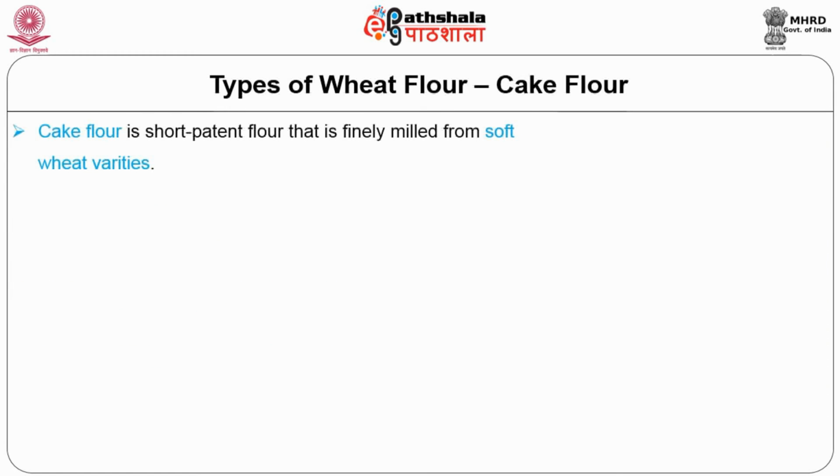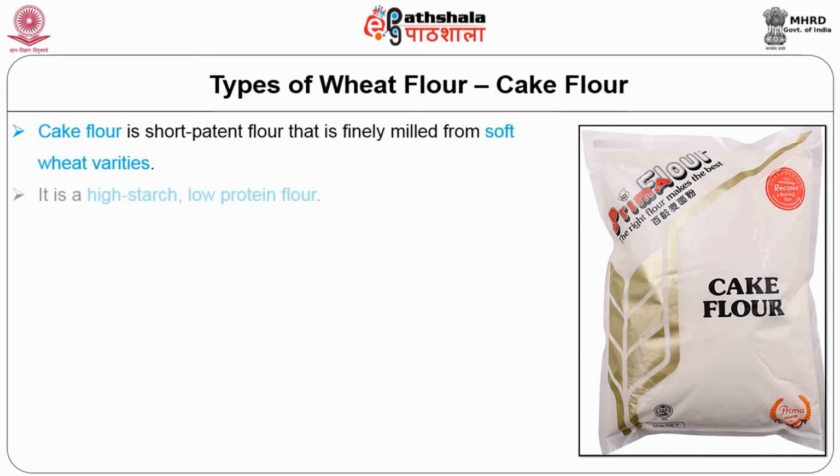Cake flour is short patent flour that is finely milled from soft wheat varieties. It is a high starch, low protein flour. This flour will produce delicate, fine texture cakes.